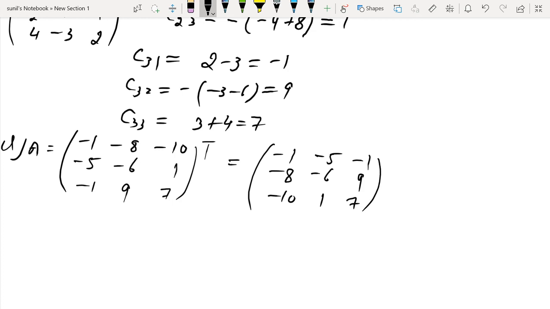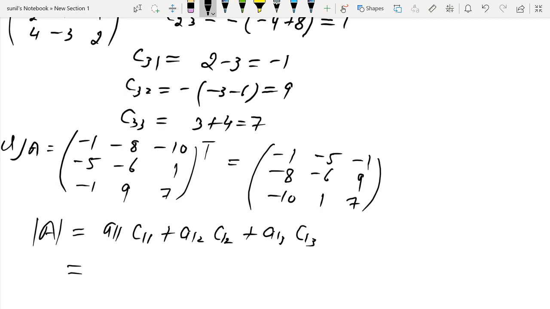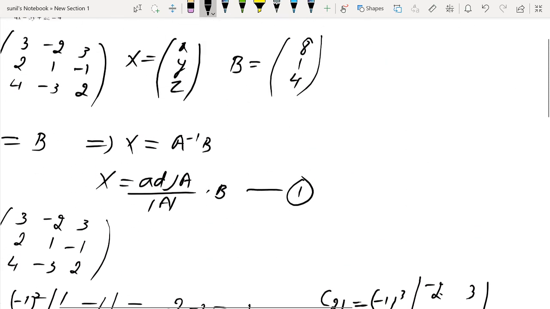Now the determinant, I can calculate as A11 into C11, plus A12 into C12, plus A13 into C13. Now in the given matrix, what is A11?